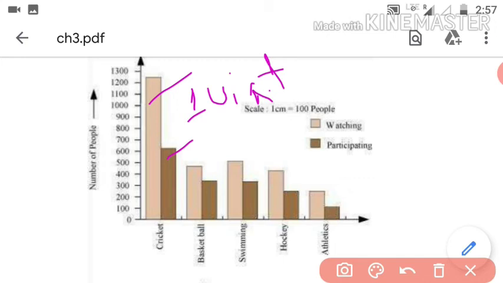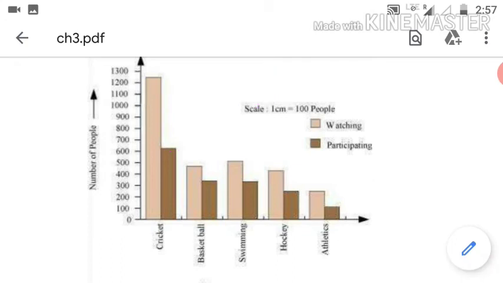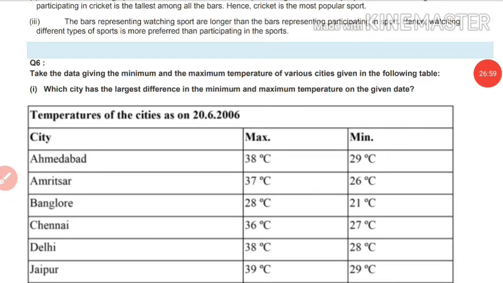For cricket it was 1250, isn't it? So it will be exactly between 1200 and 1300, because here we are taking 1 unit as 100 people. You can take 50, that is up to you, and according to that you have to make the graph. So this question you will complete by yourself.